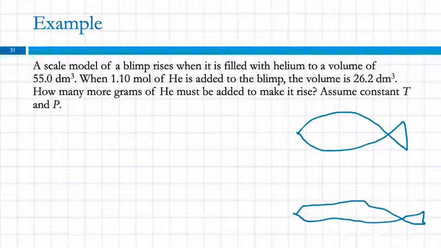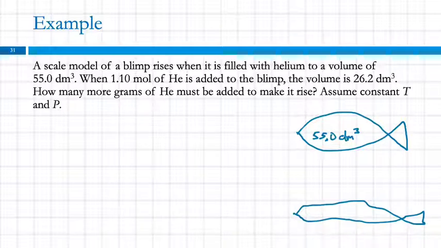So the blimp will rise when it has a volume of 55 cubic decimeters. Cubic decimeters, I don't like that unit. It's okay, it'll cancel out.